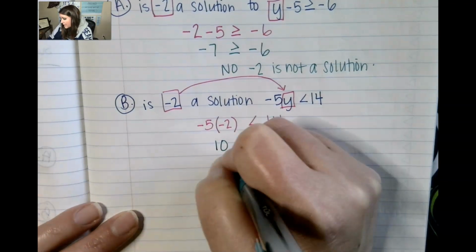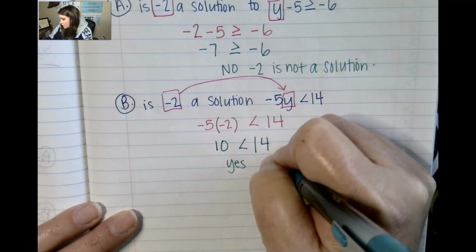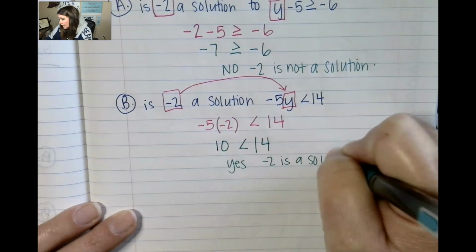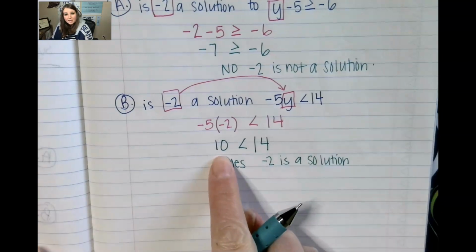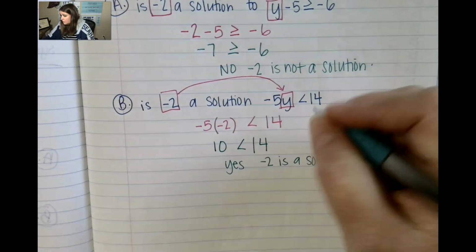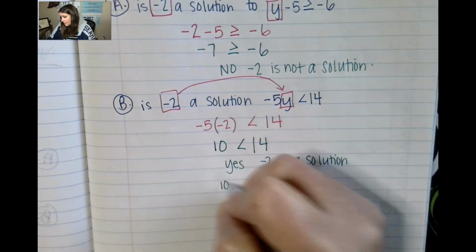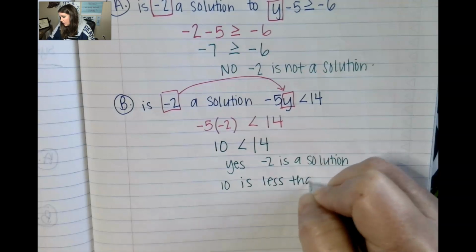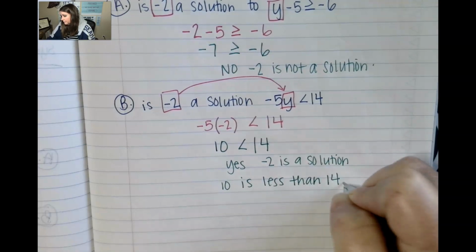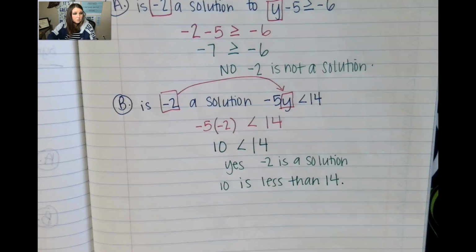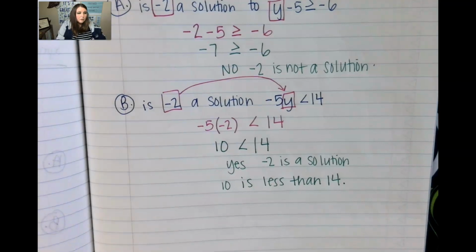So this one is yes, negative 2 is a solution, and that's because when you read it, it's true. 10 is less than 14. It becomes true.